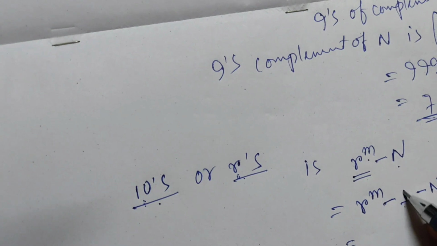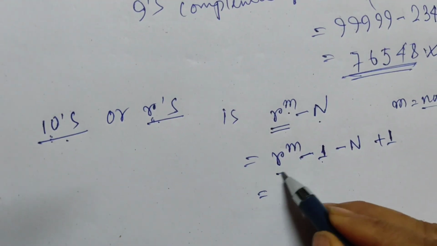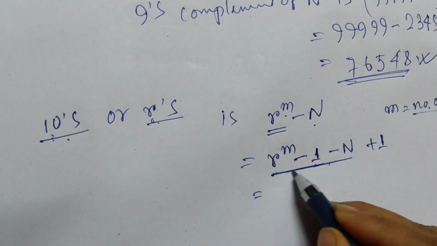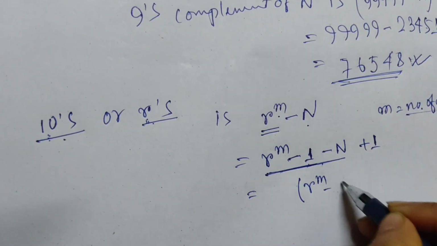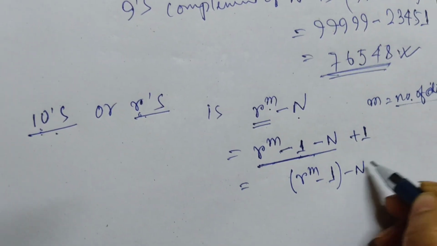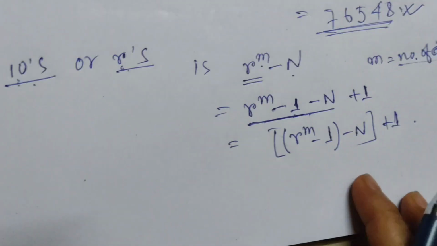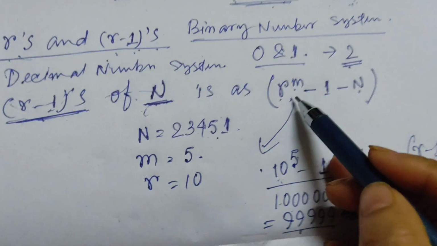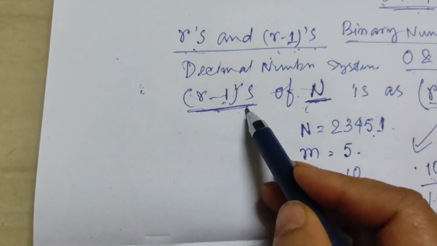So we can represent the whole thing in this way: r to the power m minus 1 minus n, plus 1. See, this part is the r minus 1's complement.